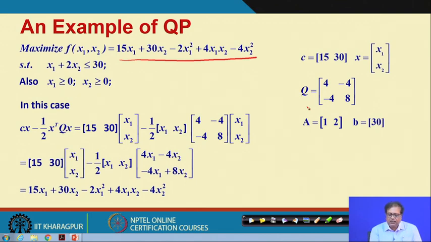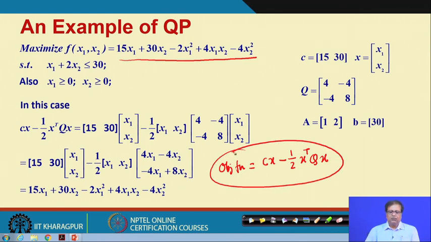So, you see the objective function equal to C x minus half of x transpose Q x, that is the objective function. This is how you evaluate. C is [15 30], this is [x1 x2] and half times [x1 x2], that is the transpose.